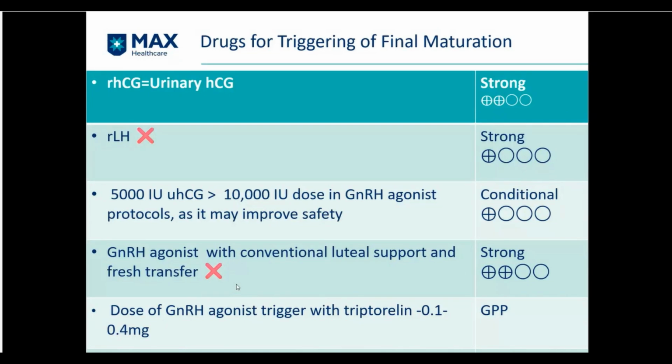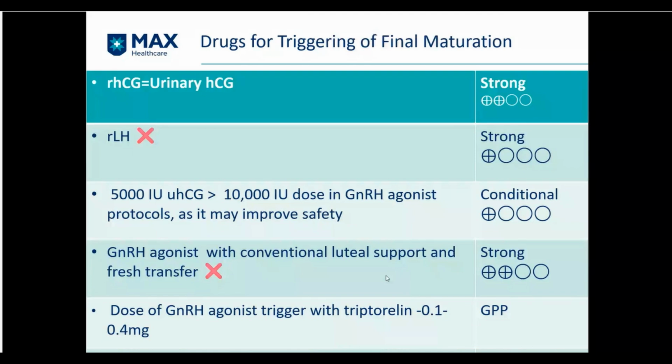So if by any chance we have to give the GnRH agonist trigger, then we need to supplement low dose HCG, which we start giving on the day of pickup, like 1500 international units of HCG, and which we further continue in the luteal phase also.